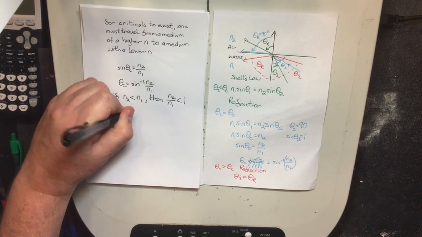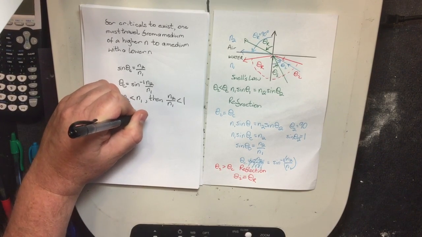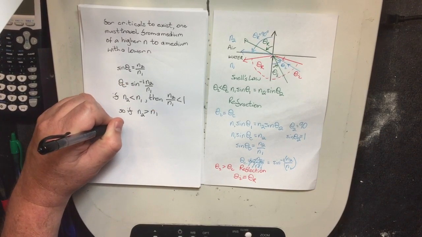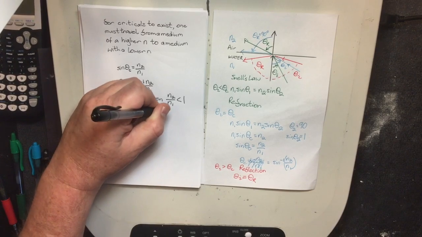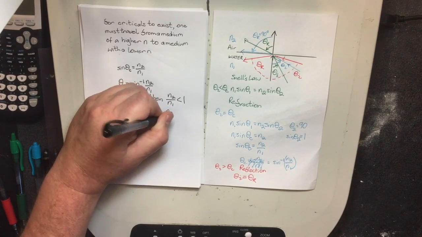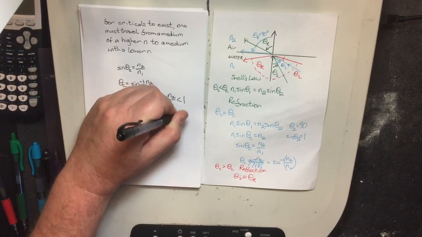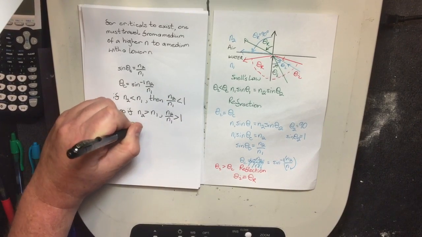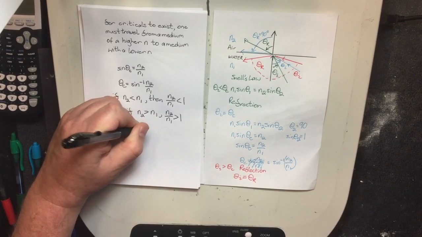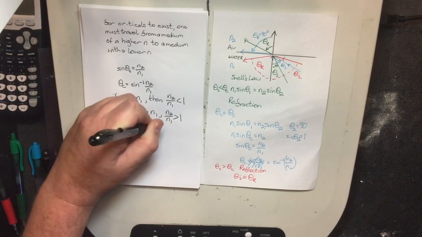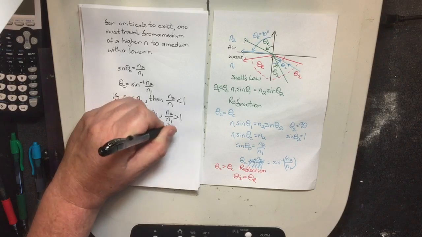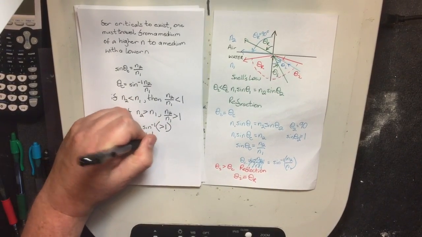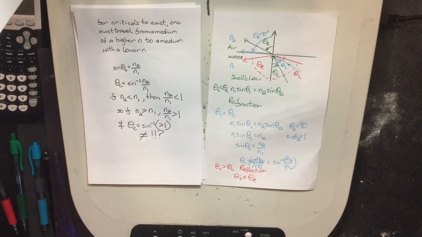So if n2 was greater than n1, n2 divided by n1 is greater than 1, and theta c, which is the inverse sine of a number greater than 1, is impossible.